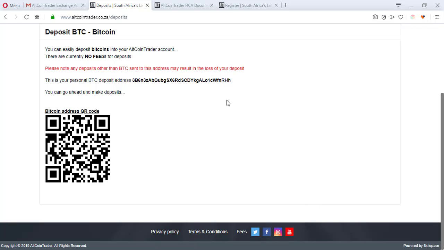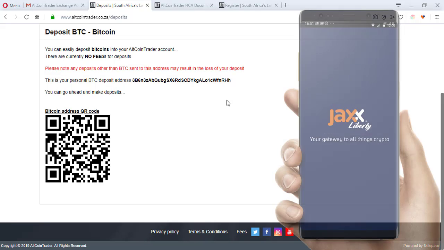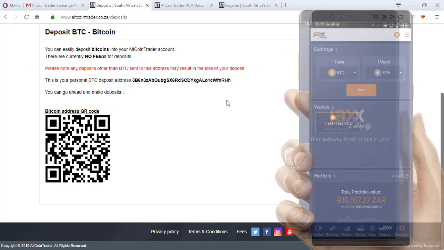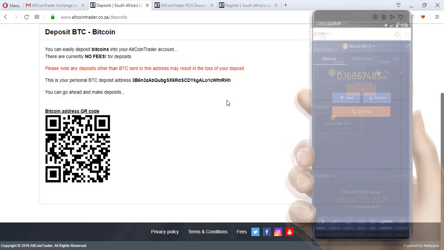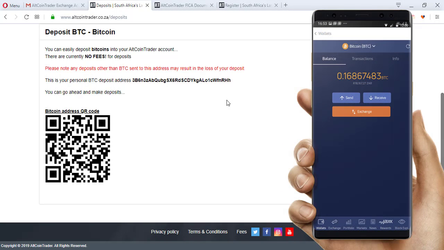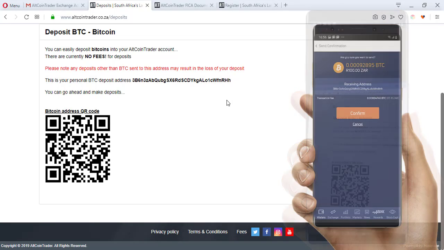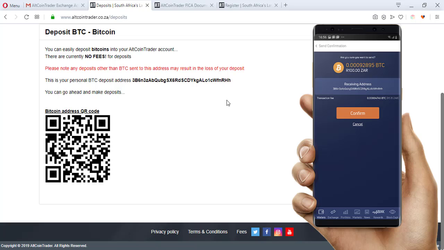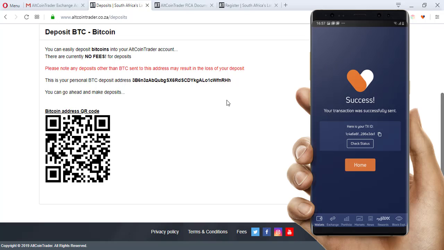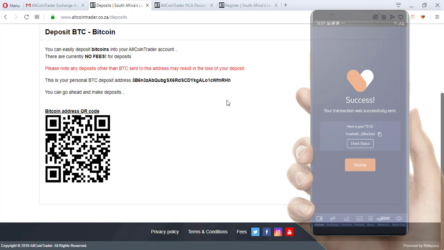I have it on my phone, and I've got Bitcoins on my phone. So I went to my Bitcoin wallet, clicked on it, and scanned this QR code, which automatically put this wallet address on a send-to address. Then I chose to send 100 Rand firstly, and I also added another 50 Rand of Bitcoin.